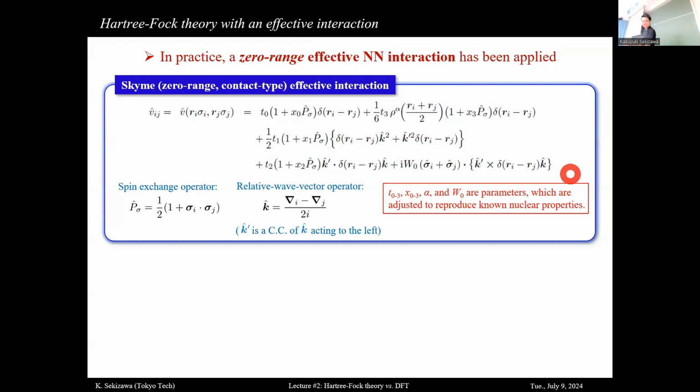But the point is, it contains the Dirac delta function here. So all the terms are proportional to delta of R_i minus R_j.